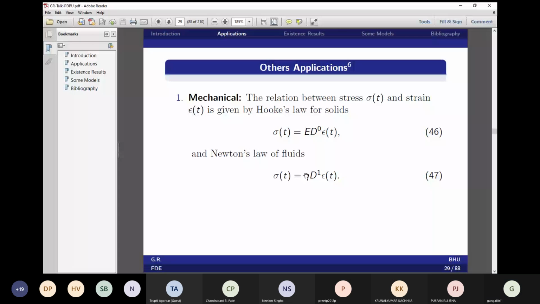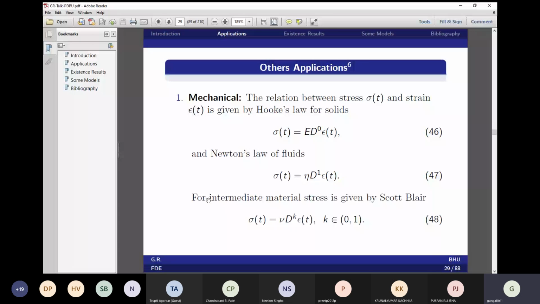But there are many types of materials which lie between solid and liquid. For these intermediate materials, Scott Blair first gave the representation between solid and liquid, and he used the order k in place of 1 and 0.